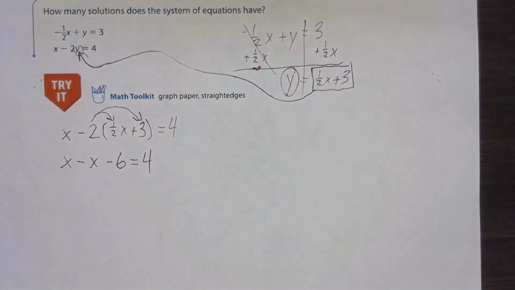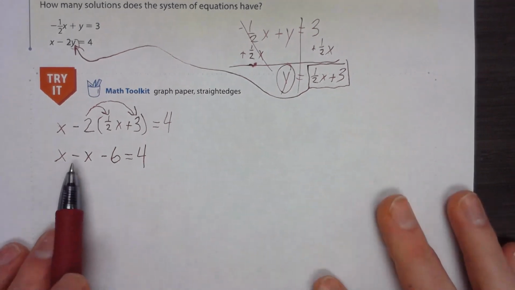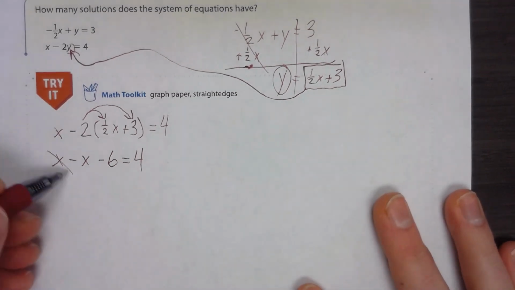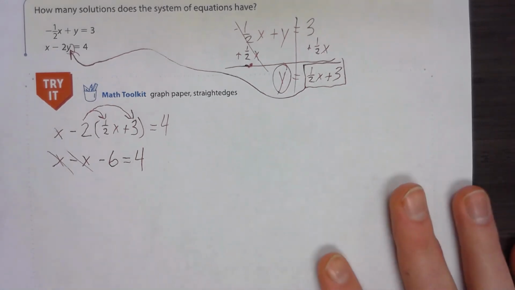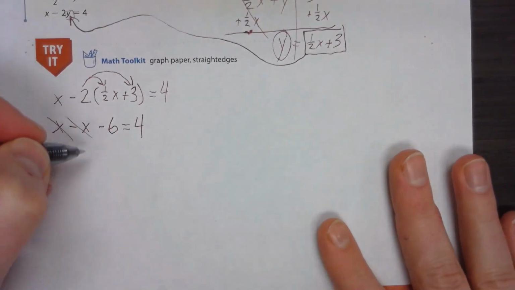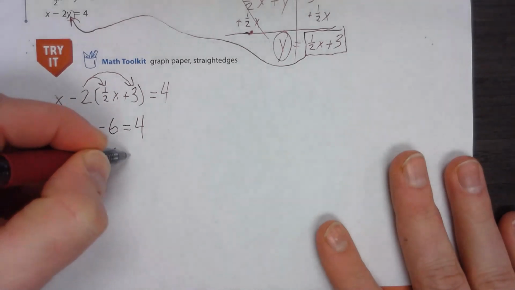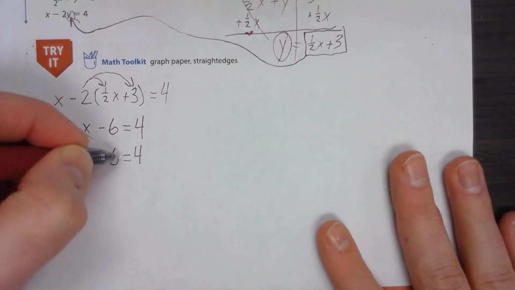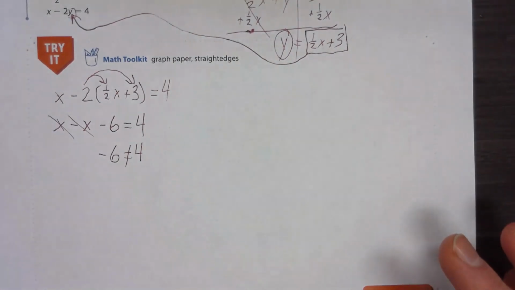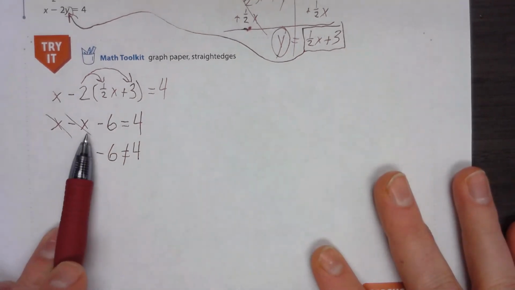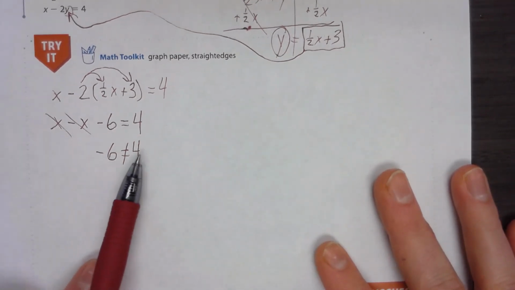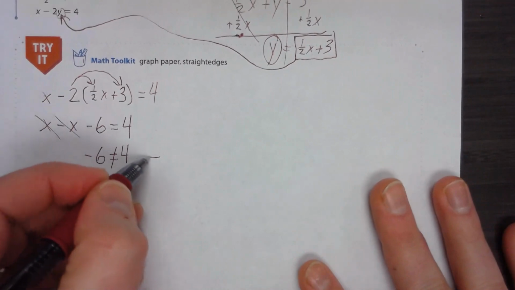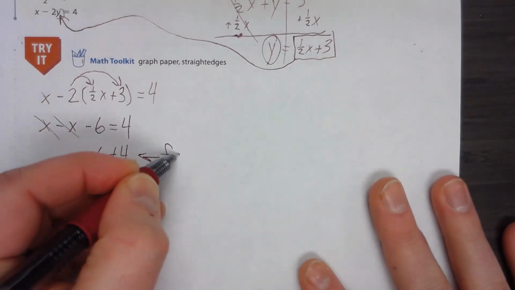You should be screaming, oh no, Mr. Gibbs, something really weird happened. X minus x is nothing. Those cancel each other out, and I'm just left with negative 6 equals 4. Well, that's not true. My x's went away, and I'm left with a false statement.